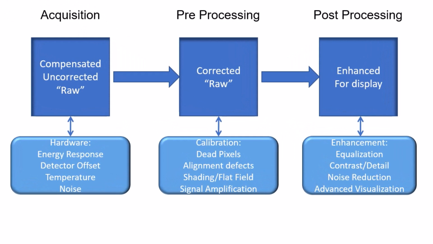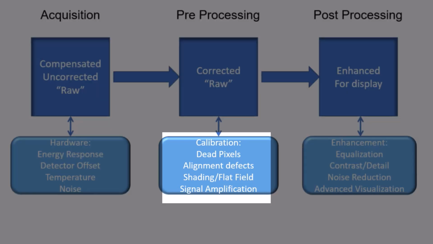When we get acquisition, we want it to be uncorrected raw data. In pre-processing, the raw data is corrected. We calibrate it by taking out dead pixels, alignment defects, correct the shading so we get a nice flat field, and we amplify the signal.